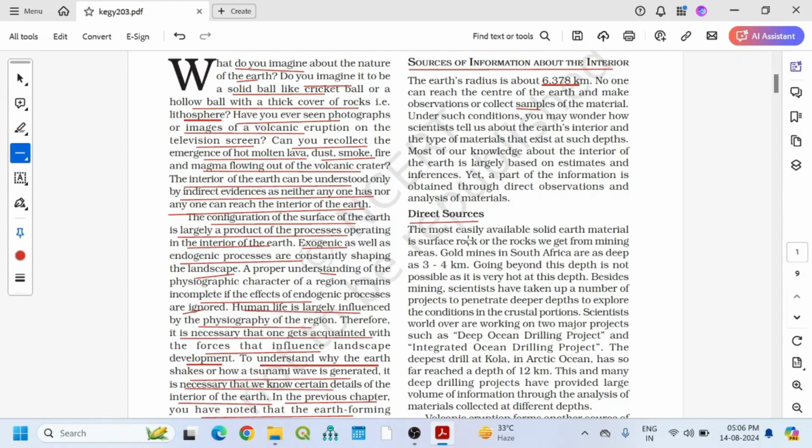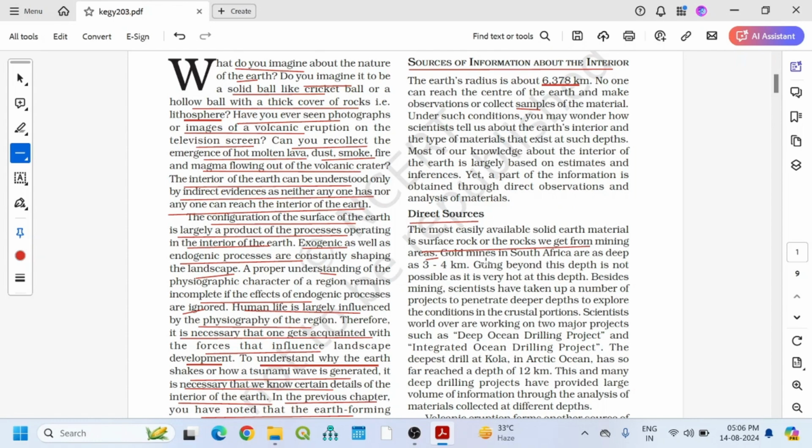So, the most easily available solid earth material is surface rock or the rocks we get from mining areas. Surface rock and mining. So, the easiest materials to study are the rocks found on the earth's surface or those obtained from mining. For example, gold mines.